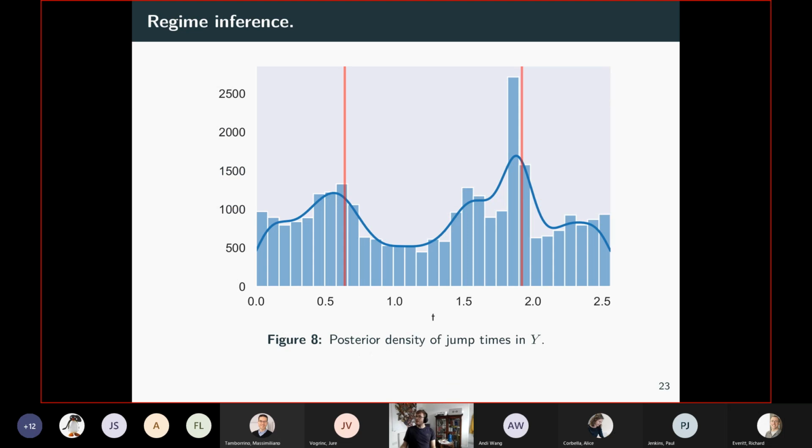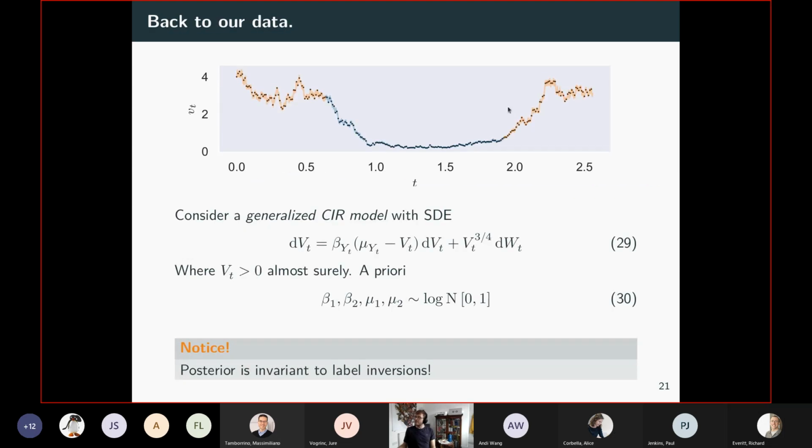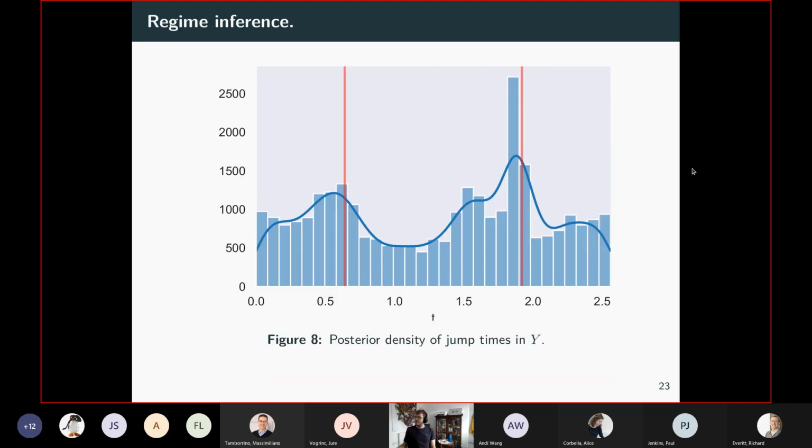And one informative summary is also to plot the density of the jump times in Y. Here I've plotted the ground truth as a red line. If you go back to the path of the diffusion, there's a state change about 1/3 into the run and 2/3 into the run.